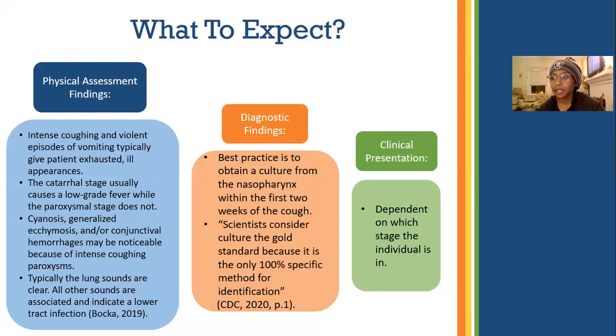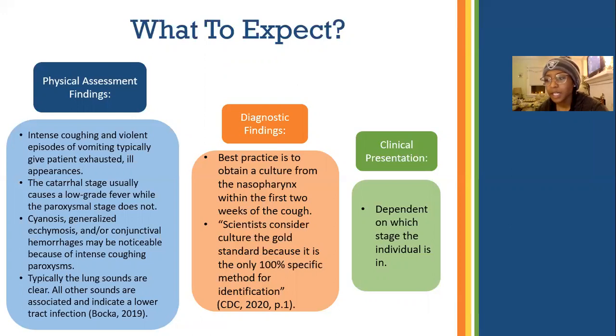You may see cyanosis of the lips because they're not able to catch their breath when coughing so hard. You may notice dry heaving or even vomiting at this stage. You may see bruising or even hemorrhages in the conjunctiva of the eye, because the coughing is so intense. You may or may not see a fever, and if you do, it will probably be low grade.